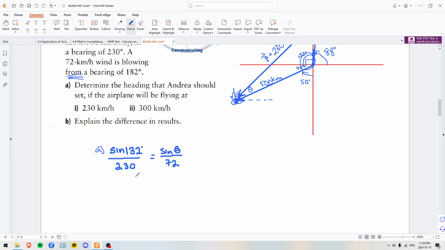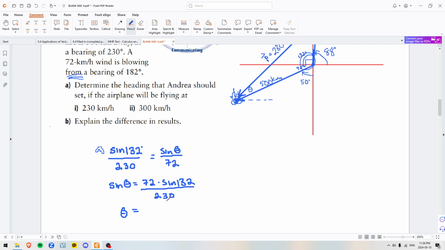By algebra, sine theta is going to be 72 sine 132 divided by 230. I'm going to do all of that in one go and calculate the angle itself. I don't have an answer key, so bear with me. Get out my calculator: 72 sine 132 divided by 230.